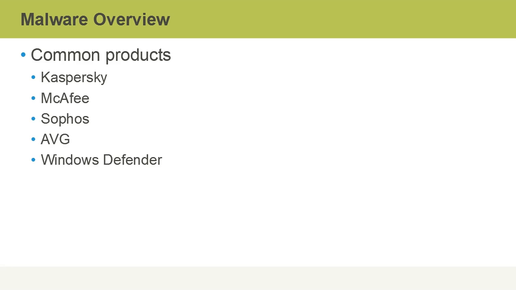Of course, with a malware solution at the enterprise level, we want some kind of centralized way to deploy and control the configuration of our anti-malware and also have some kind of central notification and reporting mechanism available. In that case, you might have to pay for a solution that does that. But just because you're paying for an anti-malware solution doesn't necessarily mean it's better than the free ones.